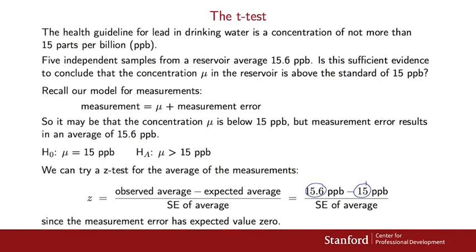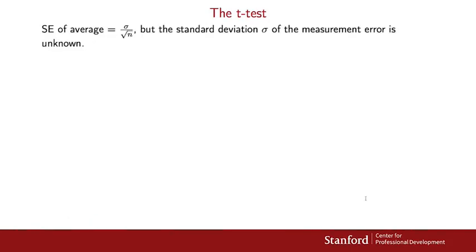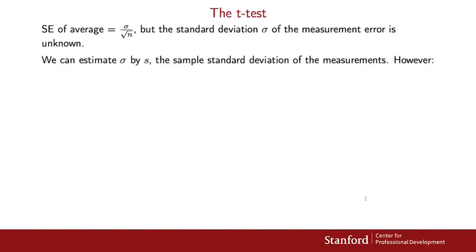And the only thing we need to figure out is what's the standard error of the average. We do have a formula for the standard error of the average. It's simply the standard deviation sigma divided by square root sample size. But now the problem is that we do not know the standard deviation sigma of the measurement error. As usual, we would simply estimate sigma by S, which is the sample standard deviation of the measurements.